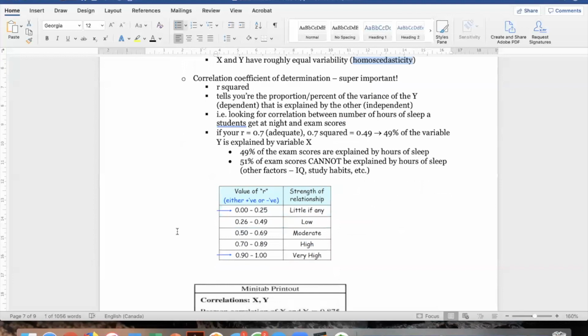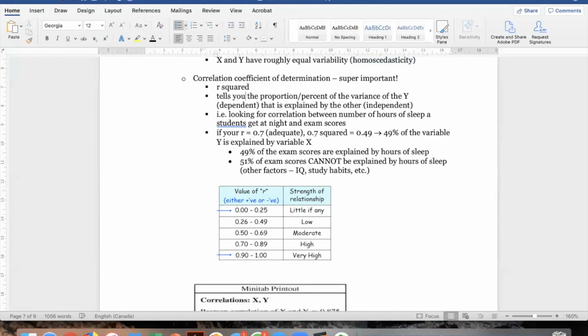R squared. We talked about the correlation coefficient measuring the characteristics of the relationship, right? This one tells you the proportion or percent of the variance of the dependent variable that is explained by the independent variable.